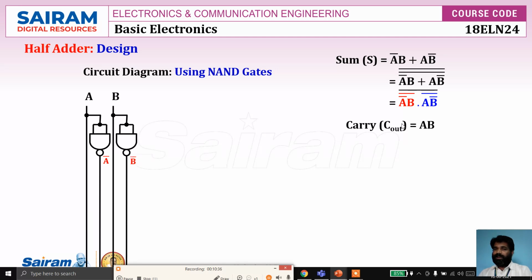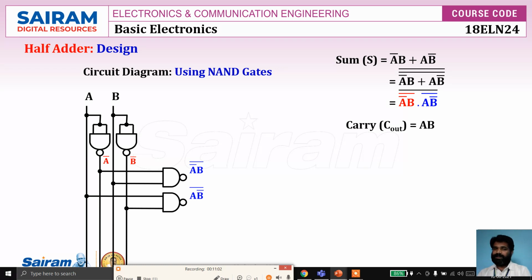Then to implement the first term, we use one NAND gate. Inputs are A bar and B, so draw a line from A bar and a line from B. Its output is A bar B whole bar, because of the complement, the output bubble is there. Then one more NAND gate: inputs are A, draw a line from A, and B bar, draw a line from B bar.